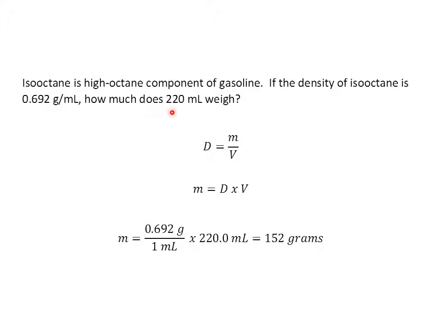Alright, so if we have the mass of a substance, to know the volume of that substance, we have to know the density. And if we have a volume of a particular substance and we want to know what the mass is, then we have to know the density in order to make those conversions between mass and volume.